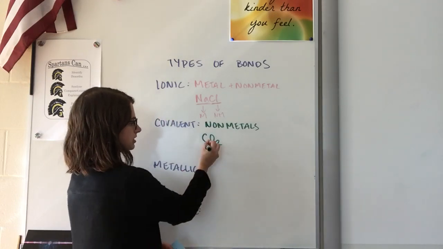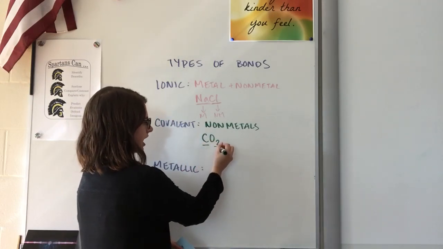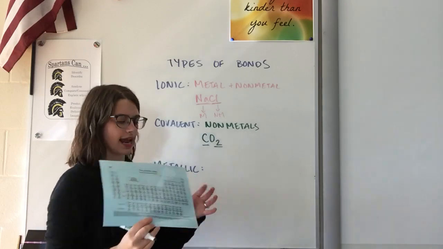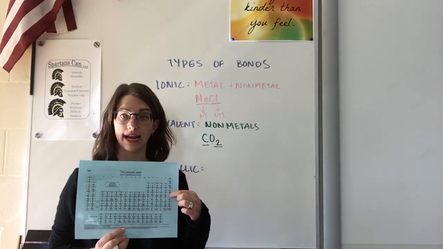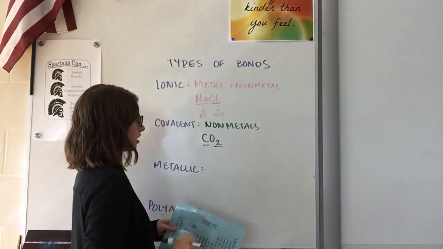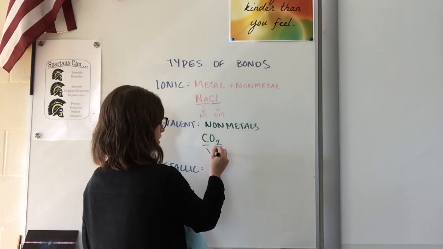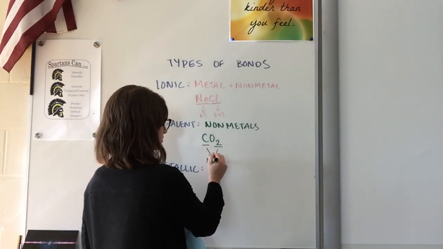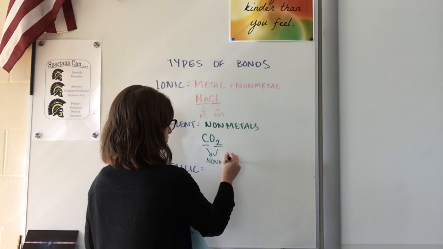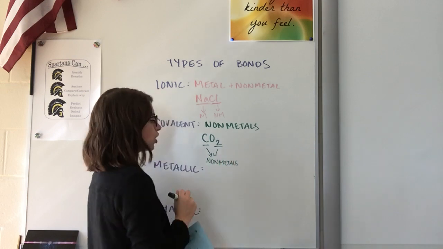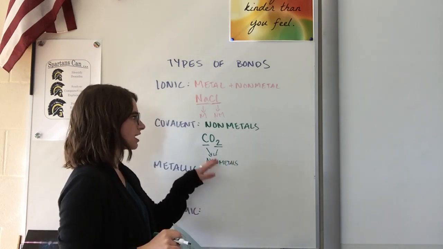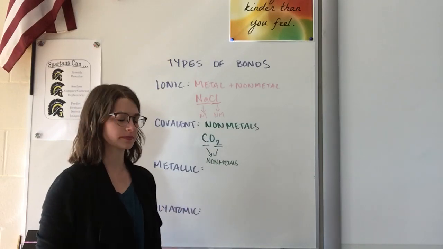So there are 2 elements, there's carbon and there's oxygen. Both carbon and oxygen are found in this upper right-hand corner, so where our nonmetals are. So since both of these are nonmetals, there's no metal, there's no metalloid, it's just nonmetals, that makes it covalent.